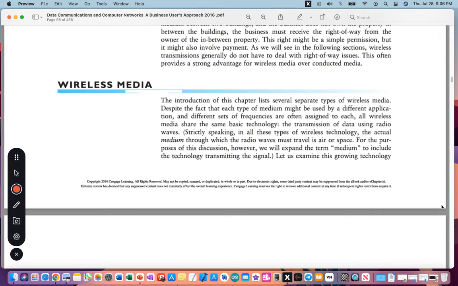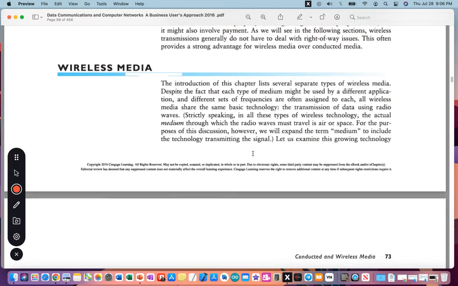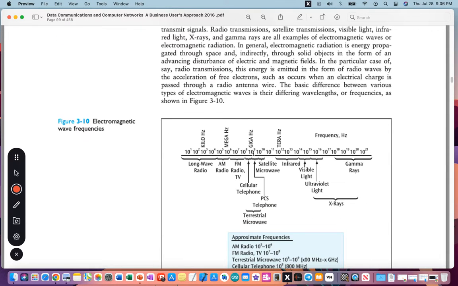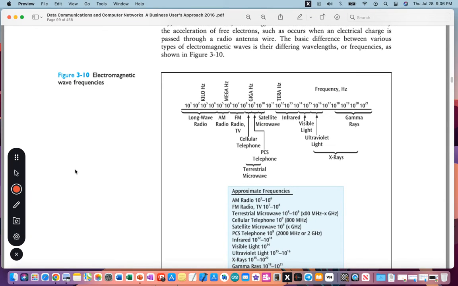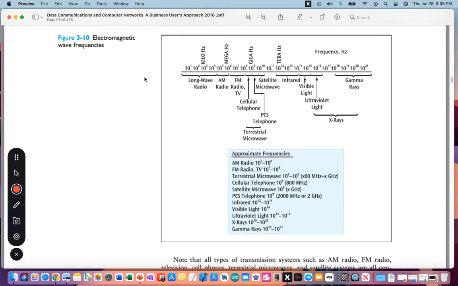And if we keep going, we will go to the wireless media. Wireless media. All right. Then we have so many details about the wireless media. This is the electromagnetic wave frequencies. This is very interesting, in fact, because it shows the long wave radio, the AM and FM, and the cellular phone here in the gigahertz, and the PCs and terrestrial microwave and satellite are all in the gigahertz.